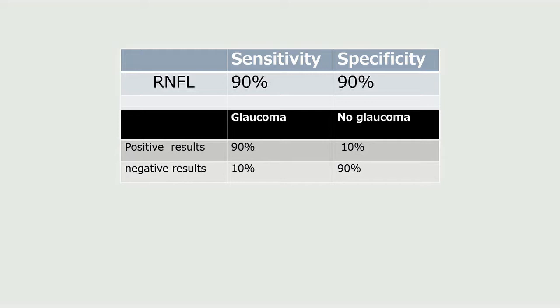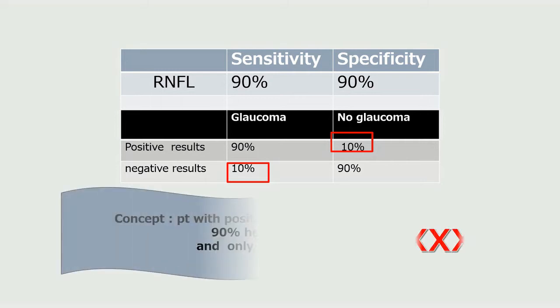On the other hand, specificity 90% means that 90% of the normal persons will appear normal, no results of glaucoma, but 10% will show abnormal results, false positive results. So this is sensitivity 90%, remaining false negative. This is specificity 90%, remaining false positive.